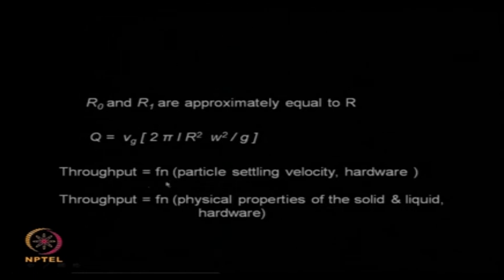So what does this mean? Throughput is a function of the settling velocity, and these are related to the hardware of the centrifuge as well as the operating angular velocity.